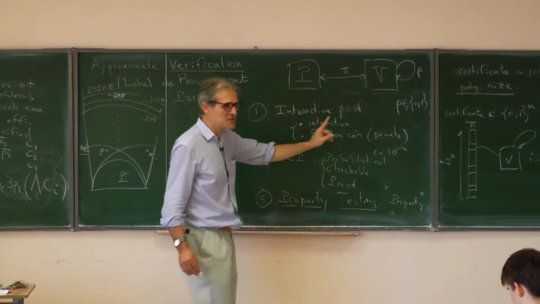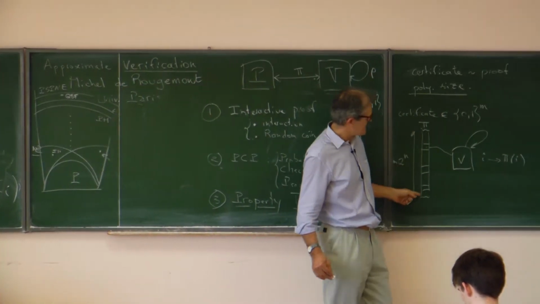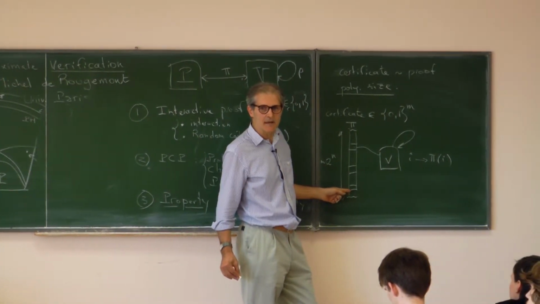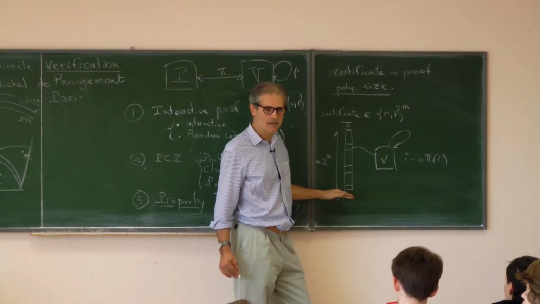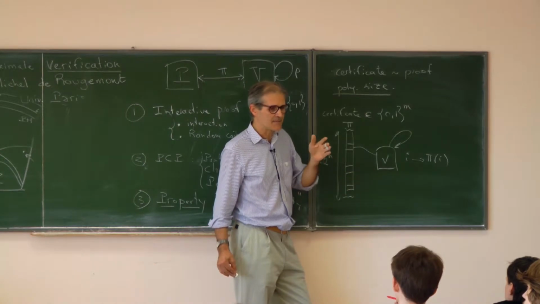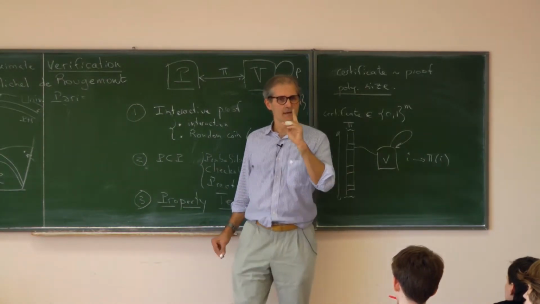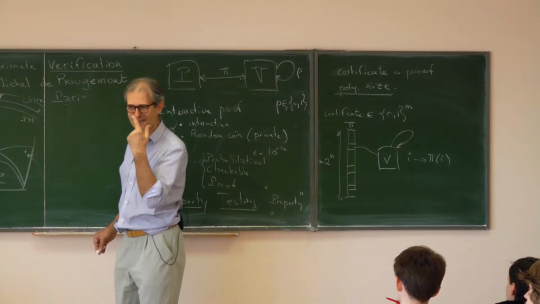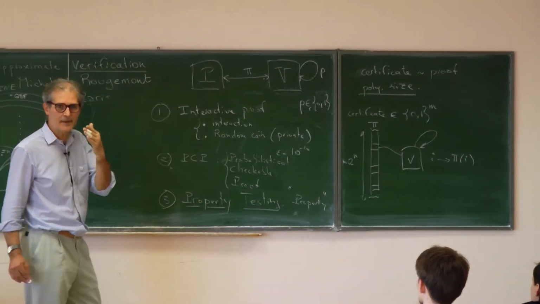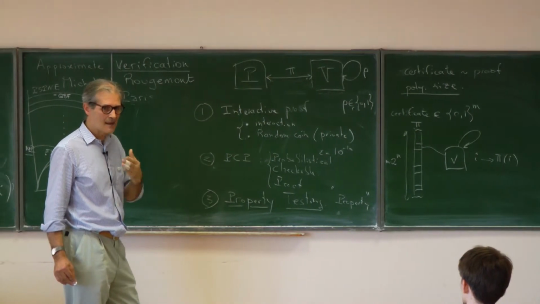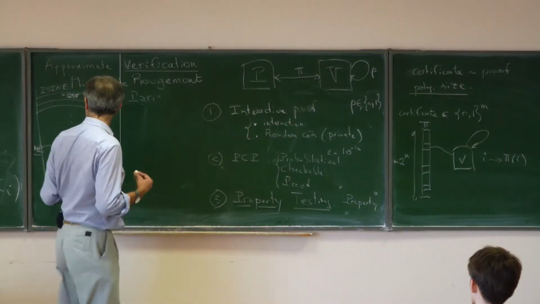So in other words, you're trying to import the idea that you get from PCP. If you have a huge certificate, you actually don't need to read it. If you sample it, it can be enough sometimes. Now, if you have data and you sample the data, is it enough to decide a property?